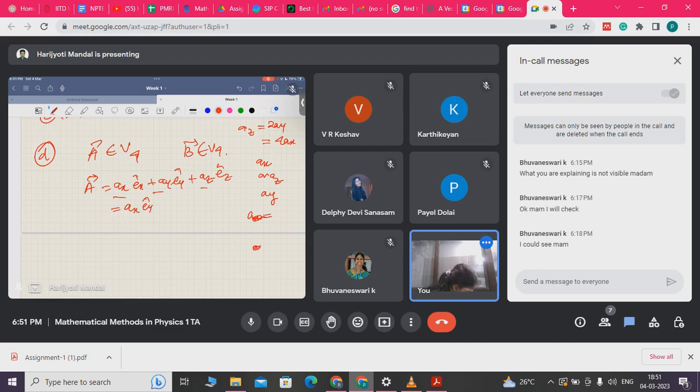So ax, keep ax same. We are given 2ay is equal to 4ax, so ay is equal to 2ax, so we can write 2ax ey.